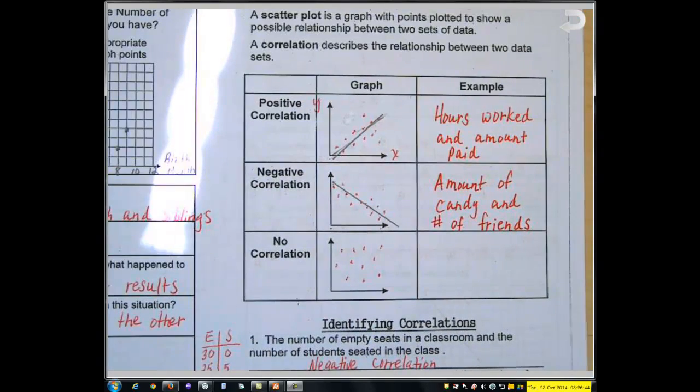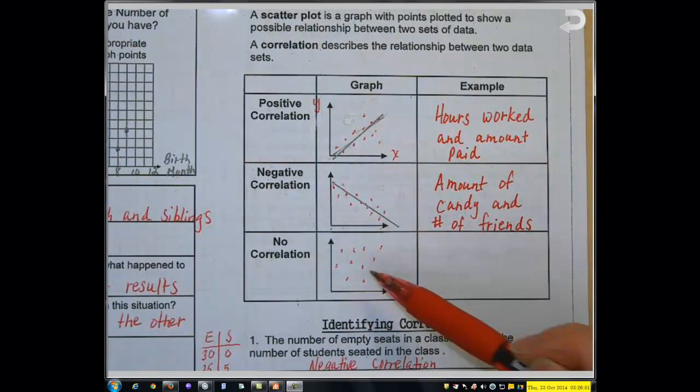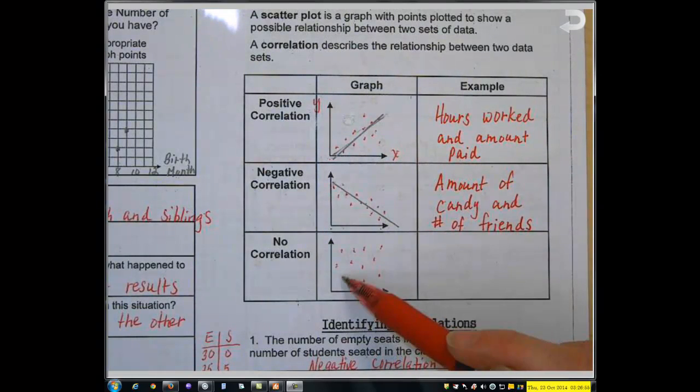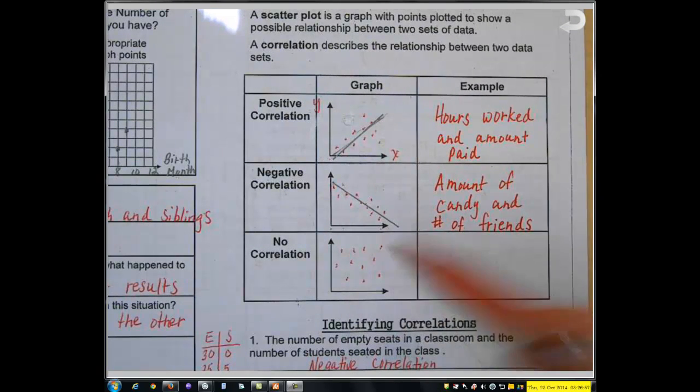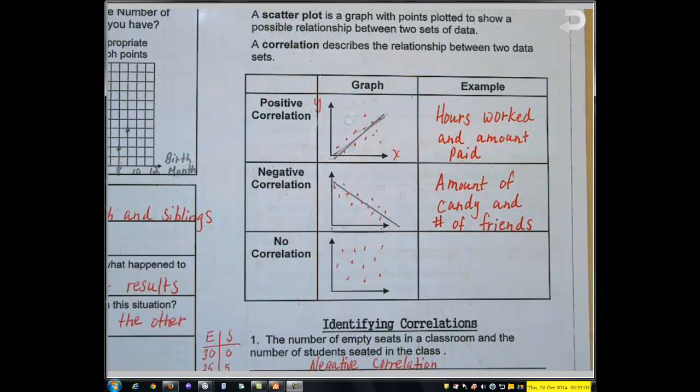Okay? A graph with no correlation just has points scattered all over the graph, so that it's really impossible to draw any kind of a line of best fit. I mean, I could draw lines going this direction, I could draw lines going this direction. There's not really one line that is a best fit for all of the points. So this is a no correlation graph.